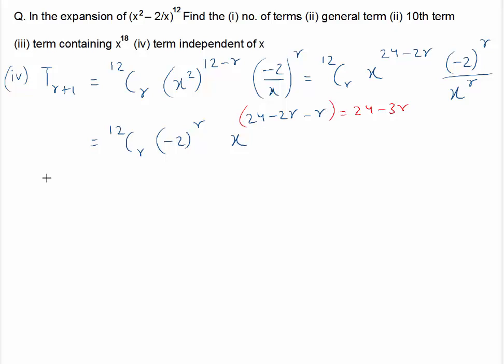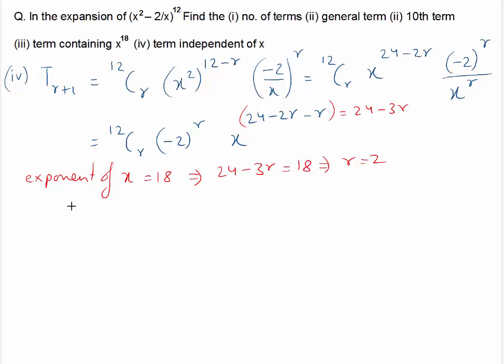Now they are asking for the term which contains x to the power 18. So essentially the exponent of x must be 18. So that implies 24 minus 3r equals 18. So that would give us r equals 2.